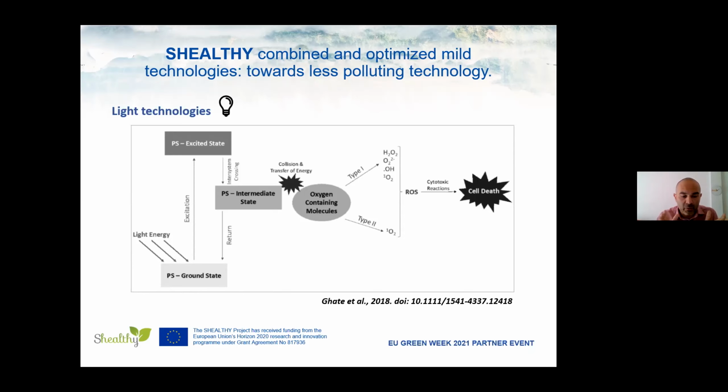The photodynamic inactivation, what we see in this slide, occurs when the light at a specific wavelength triggers some oxidative reactions inside the microbial cell. So those reactive species have a cytotoxic effect, and they produce the bacterial death.